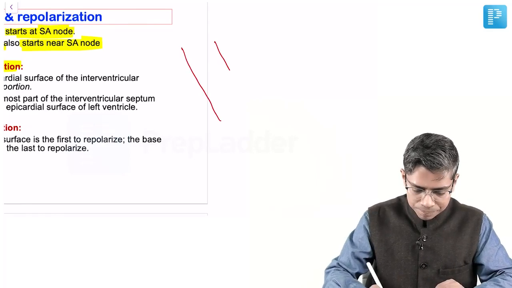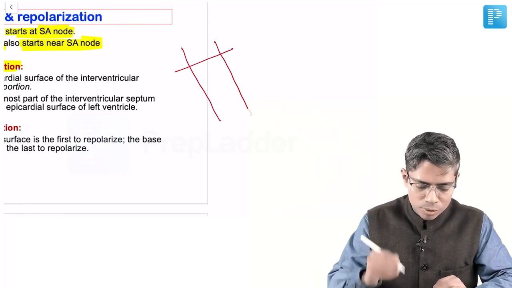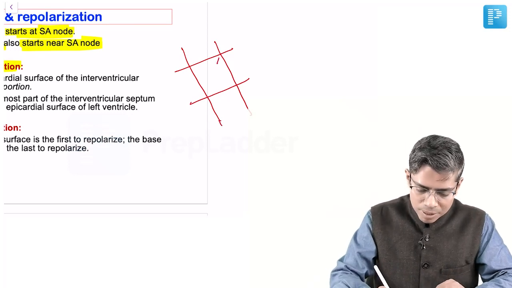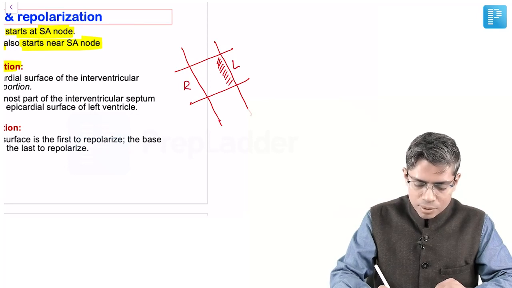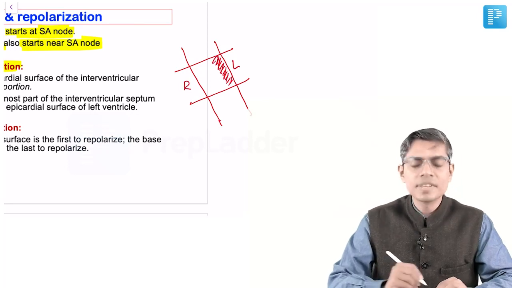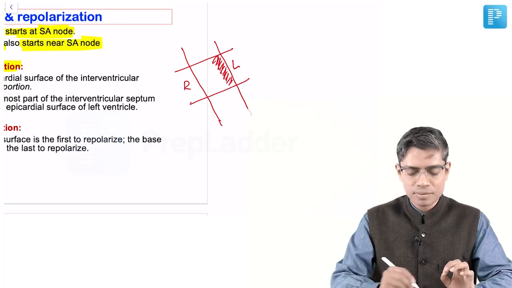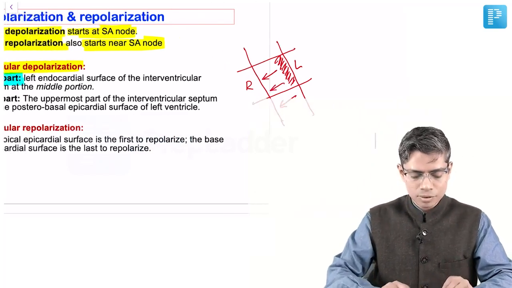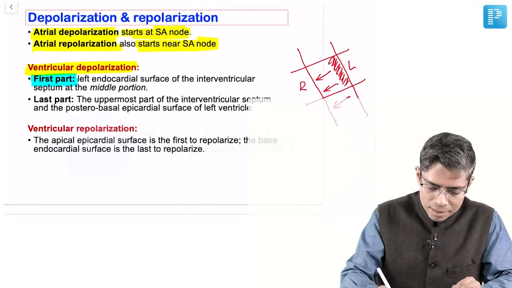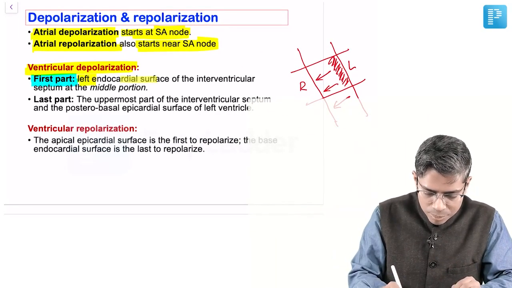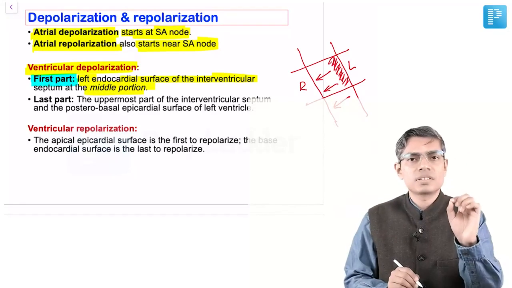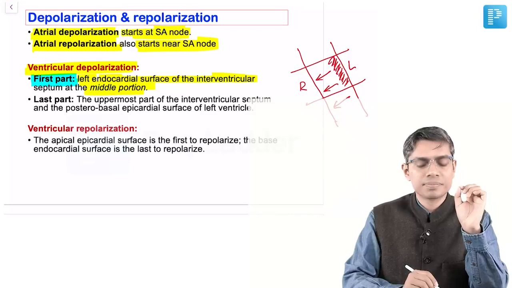If this is my septum, okay, this is the uppermost part, this is the mid part, and this is the lower part. The middle part of the septum will be depolarized, and if I ask you left side of the septum or right side, your answer will be left side of the septum, and it is the middle part that is depolarized first, and then the impulse will travel from left side to right side. So that is written here, that it is the left endocardial surface of the interventricular septum at the middle portion. This is the first part of the ventricle to be depolarized, right?